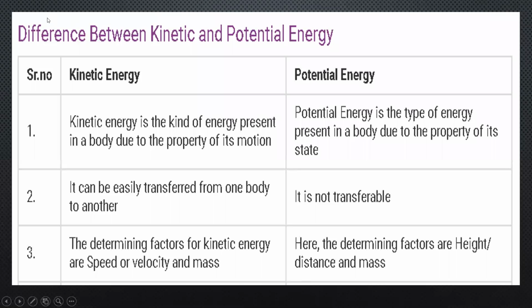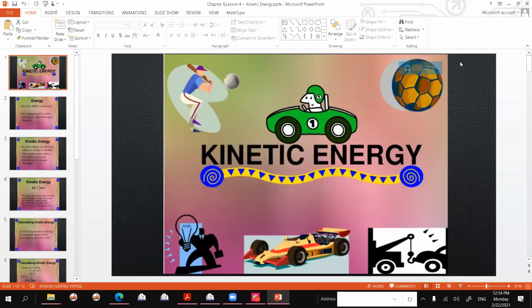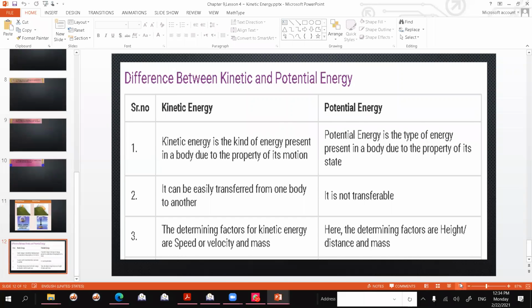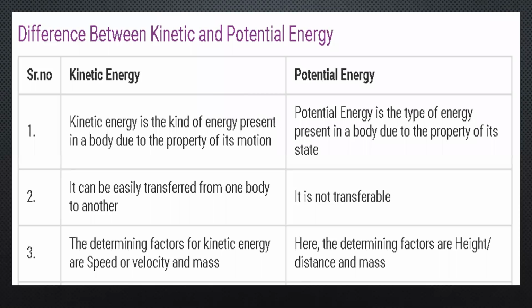Now, let's see what is the difference between the kinetic and the potential energy. The kinetic energy is the kind of energy present in a body due to the property of its motion. It is because the body is moving.